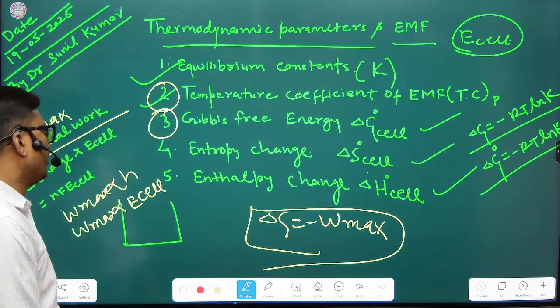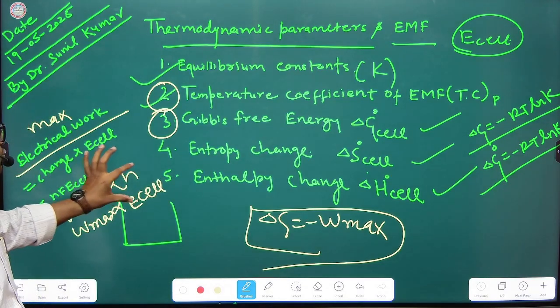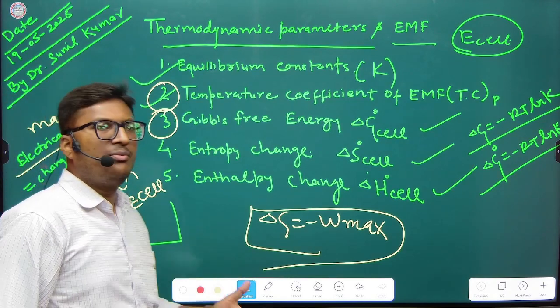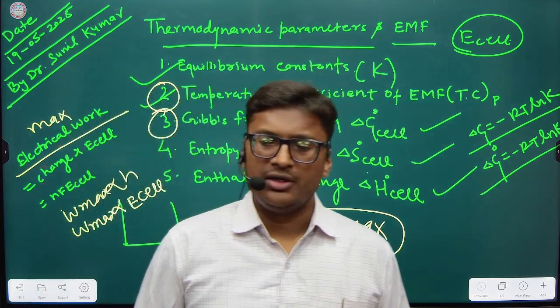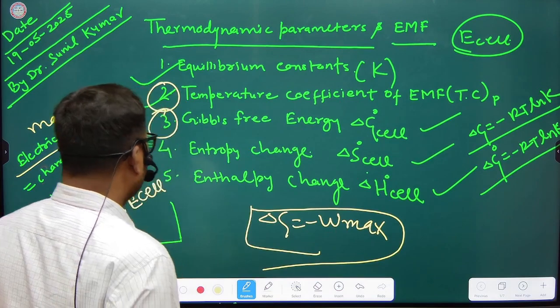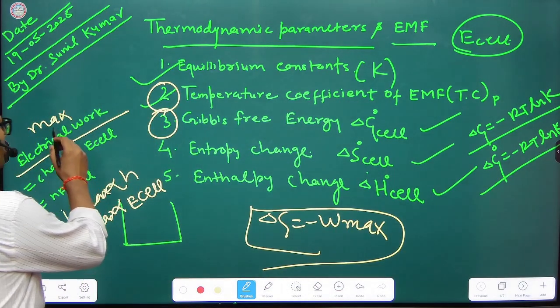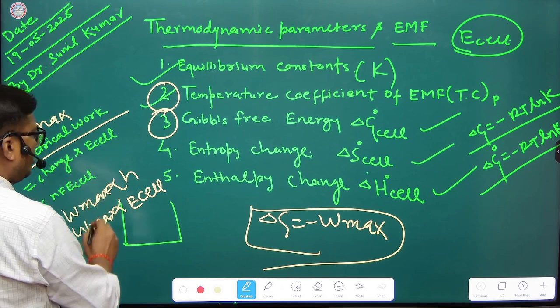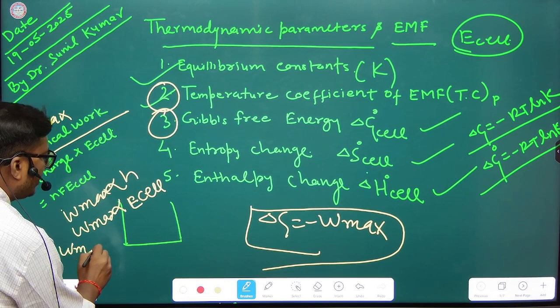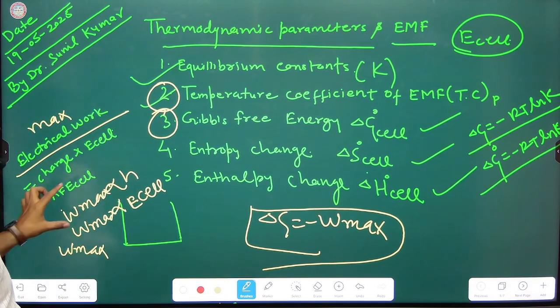So these two parameters directly correlate with the maximum work that is obtained in a particular electrochemical cell.